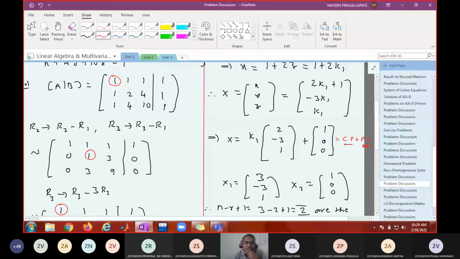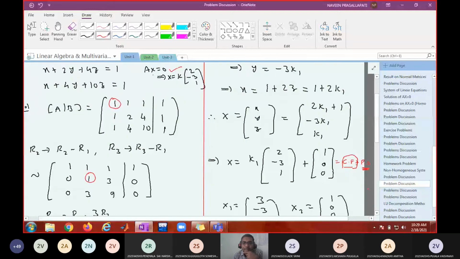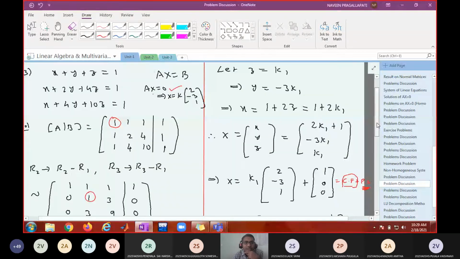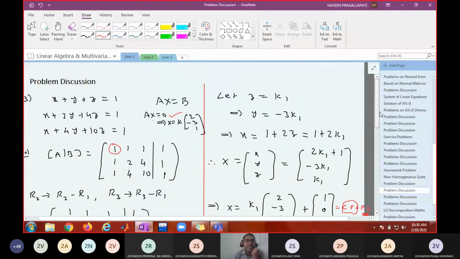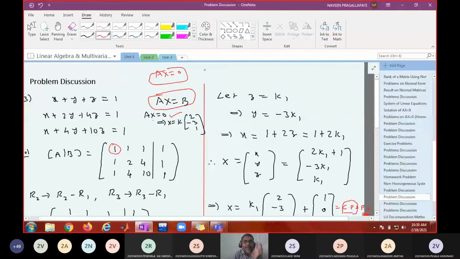Complementary function is a general solution of the homogeneous system. Particular solution is one solution of the non-homogeneous system. So the theory is exactly similar. Did you realize this point? If you're asked to solve this non-homogeneous system, you can solve the homogeneous system, find one particular solution, and add it to this general solution.